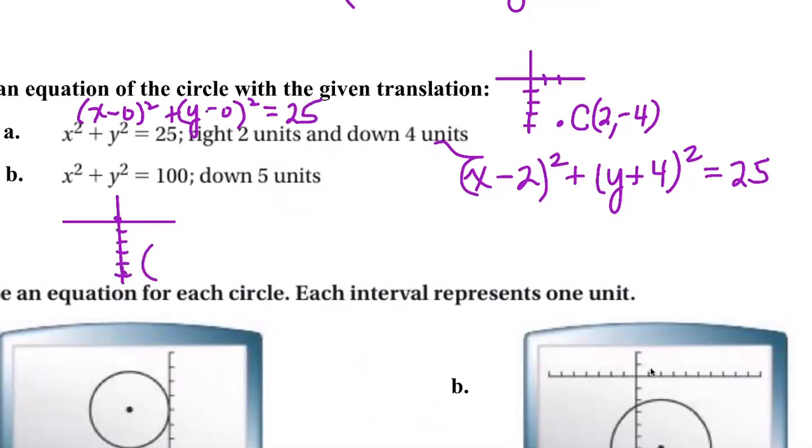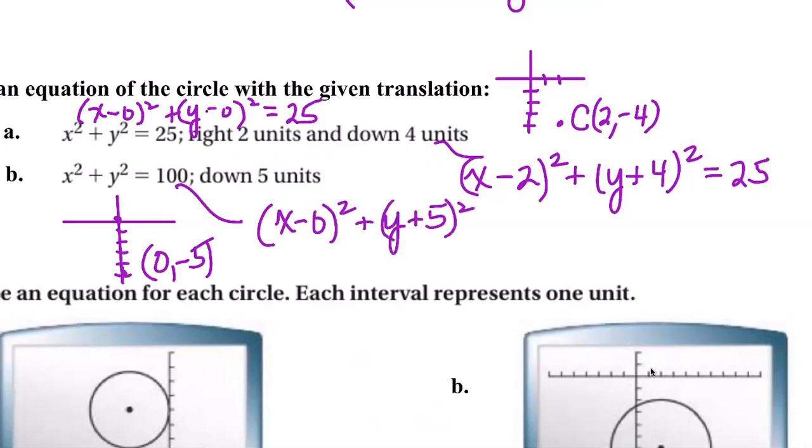That means my new ordered pair for my center is 0, -5. So our equation would say x minus 0 squared plus y plus 5 squared is equal to 100. Okay, we did not change the x. We moved it down 5, so we did change the y coordinate. On the previous one, we changed both the x and the y.